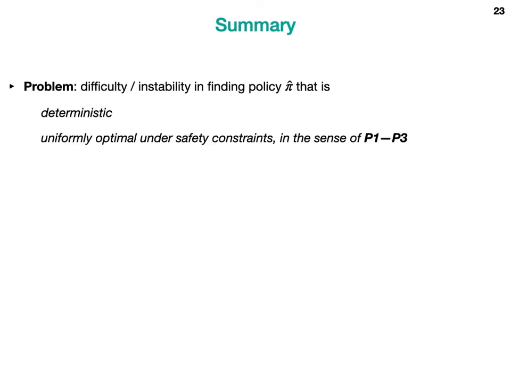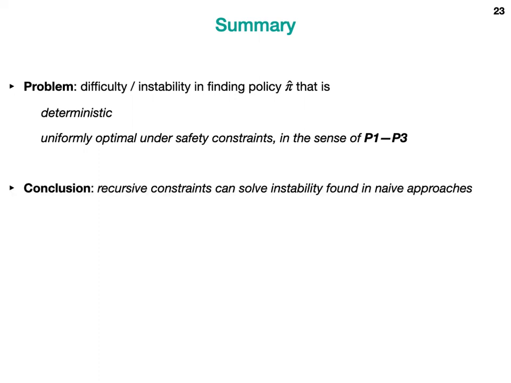In summary, we found the instability issue when using reinforcement learning ideas for finding a policy that is deterministic and uniformly optimal on the safety constraints. And from the investigation, we conclude that our approach with recursive constraints can solve such instability issue in naive approaches.